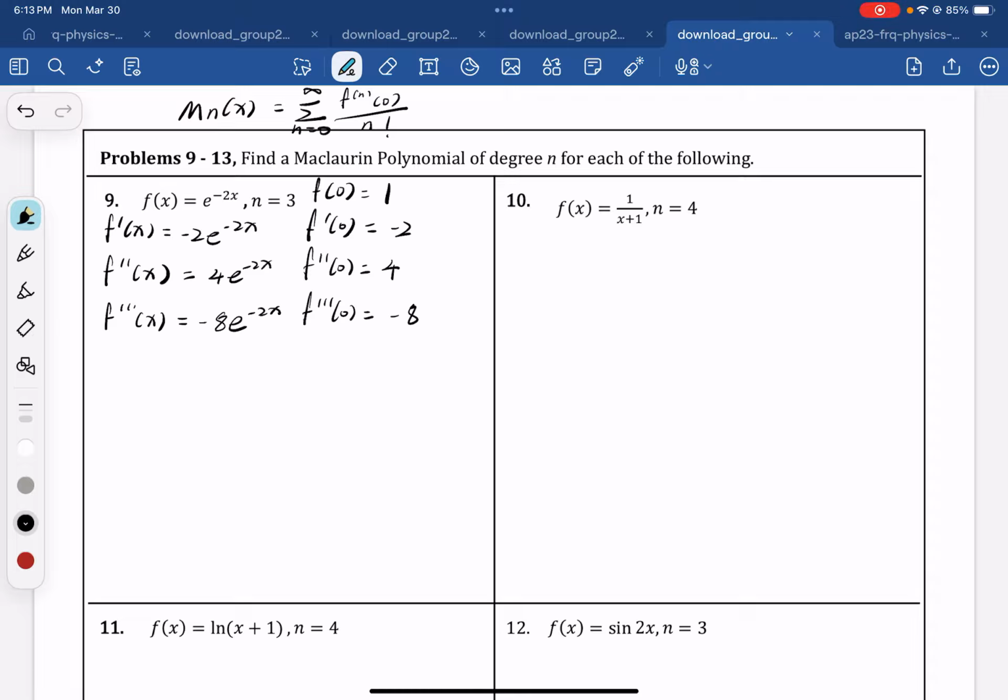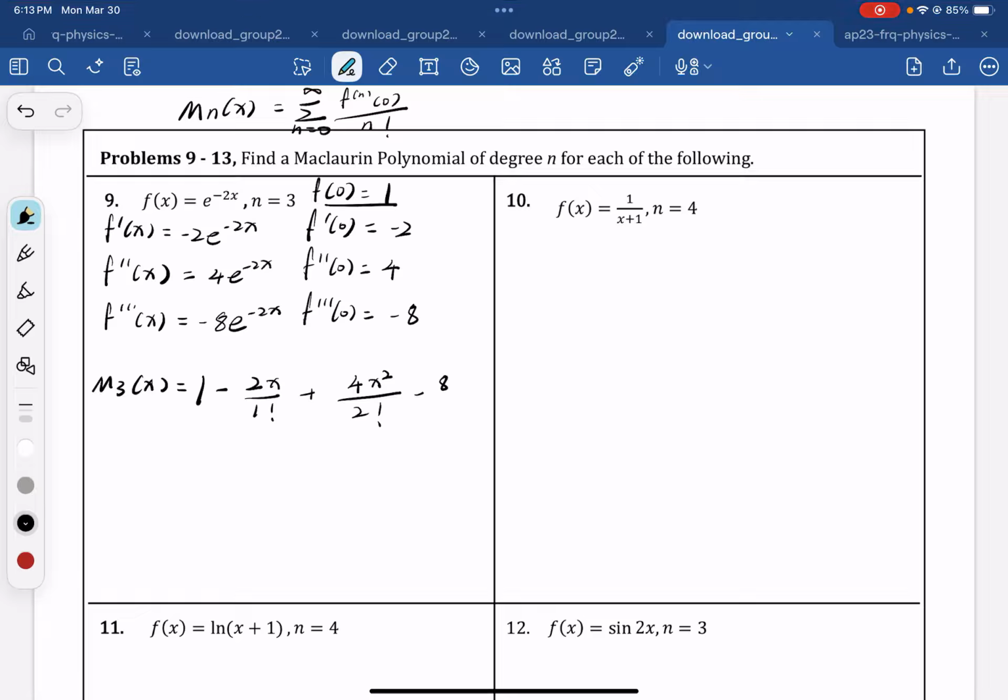The first term, M3 of x equals 1 minus 2 times x raised to the power of 1 divided by 1 factorial, and plus 4 times x squared divided by 2 factorial, and minus 8 times x cubed divided by 3 factorial.